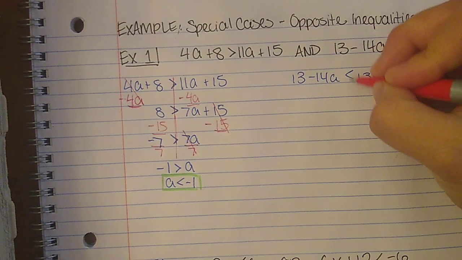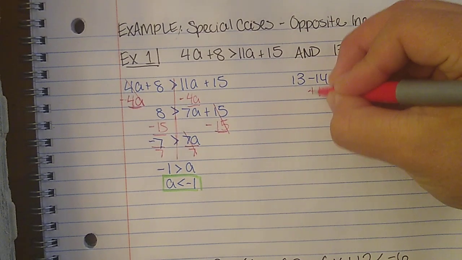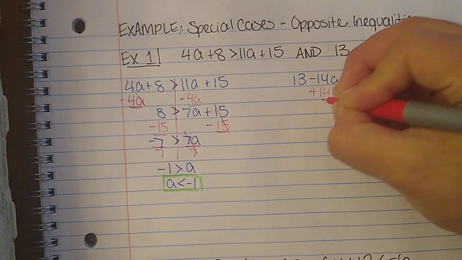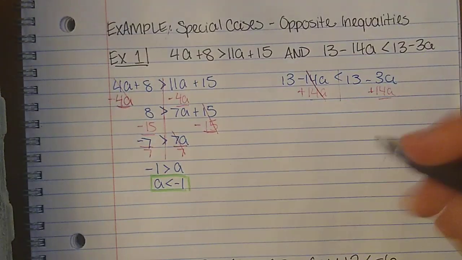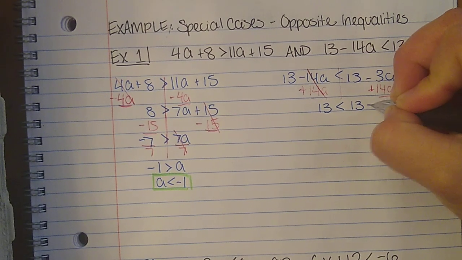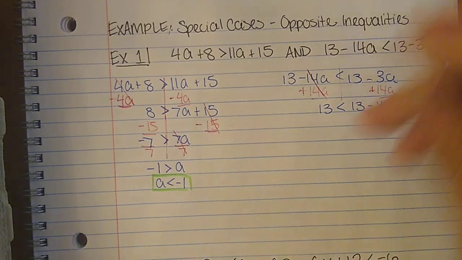First thing again is consolidation of the variable. I'm moving my smaller one, which in this case is the -14a, and I'm moving it through addition, which will give me 13 is less than 13 minus 11a.